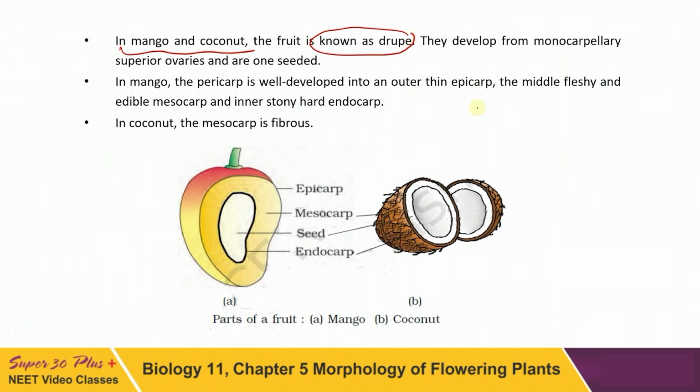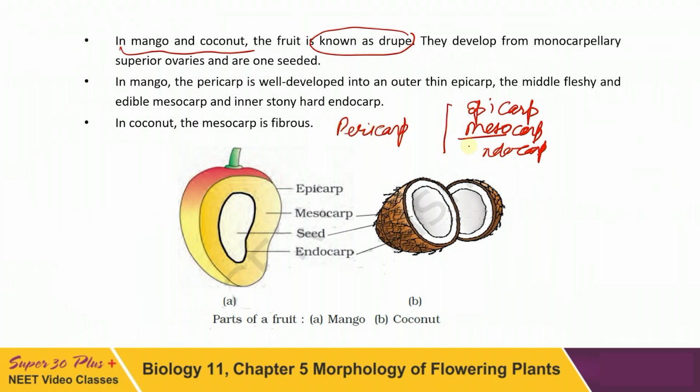Here you see that the three layers are there. One is called epicarp, the middle one is called mesocarp, and the innermost one is known as endocarp. That is the pericarp, which is divisible into three. Is it right?